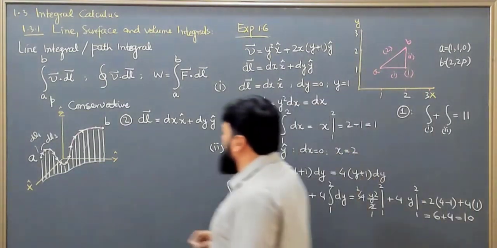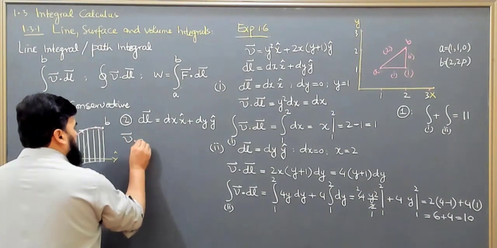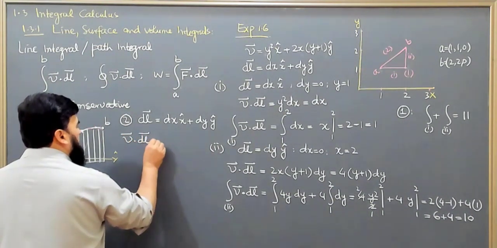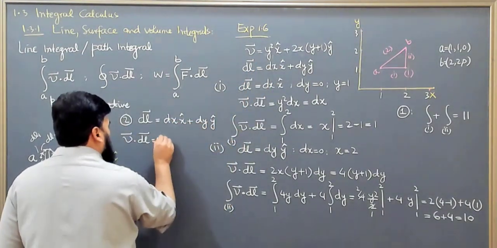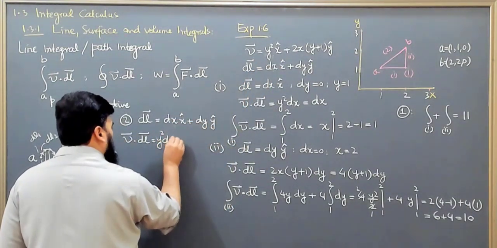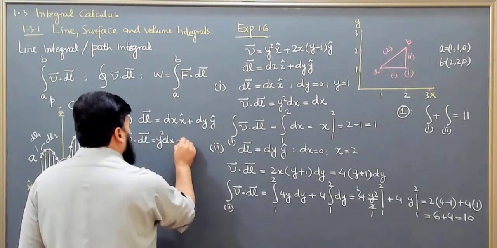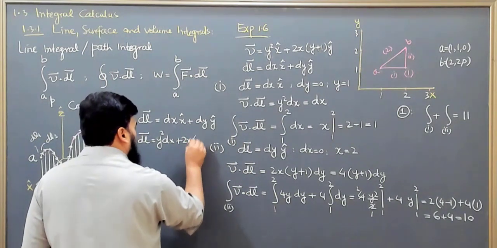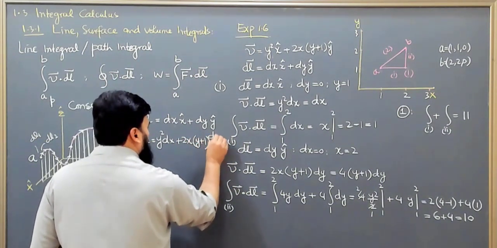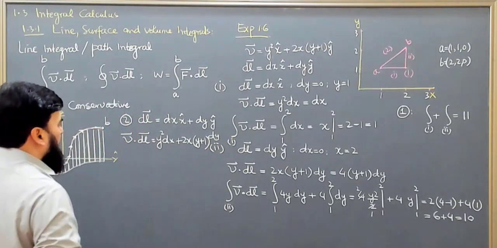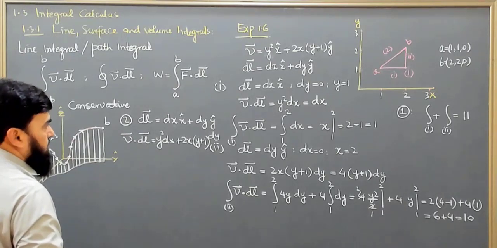So do multiply v dot dl: y square dx, and then (2x plus y plus 1) dy.